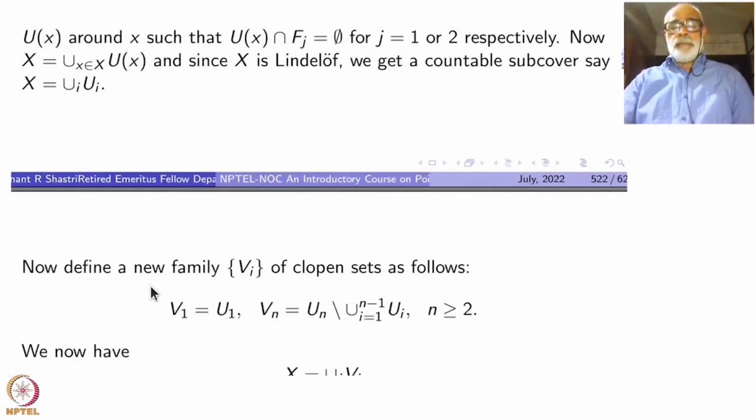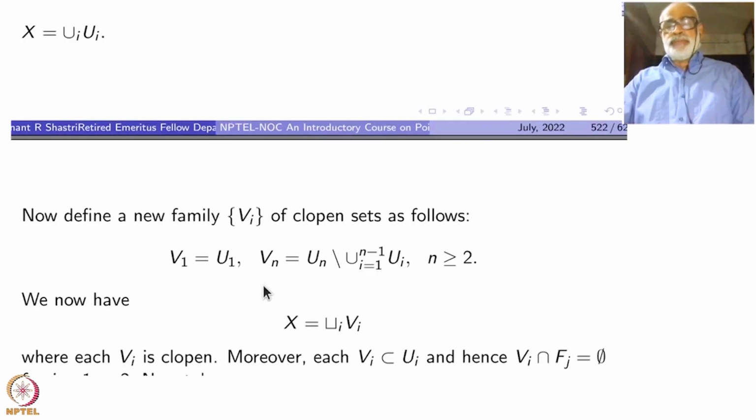Now we define a new family of clopen subsets. Remember, they are both open as well as closed. Okay, so how do I do it? Inductively. These kinds of steps are the same as what we have done in proving regular Lindelof implies normal.